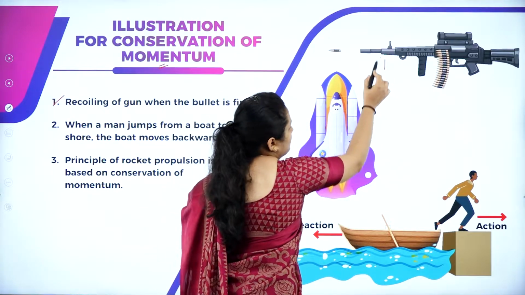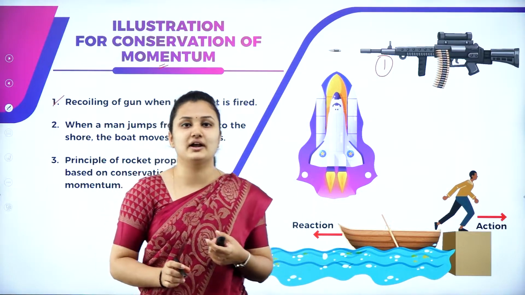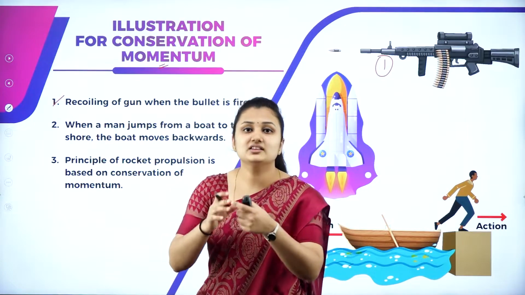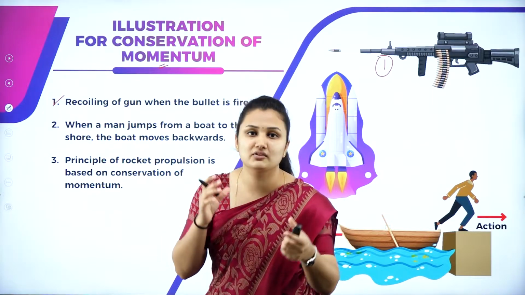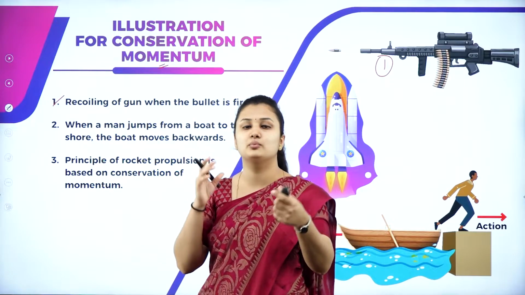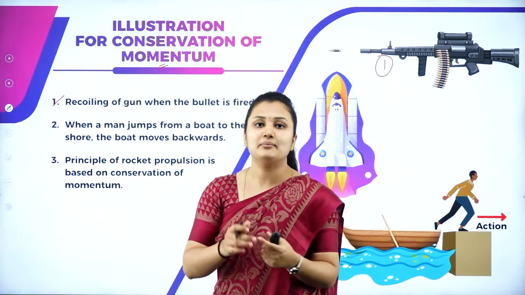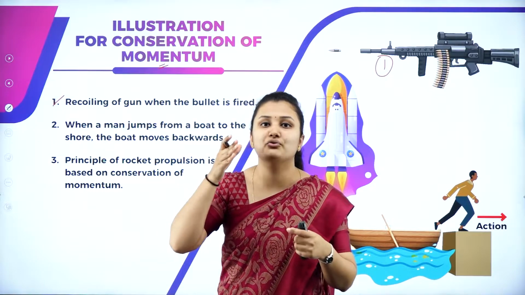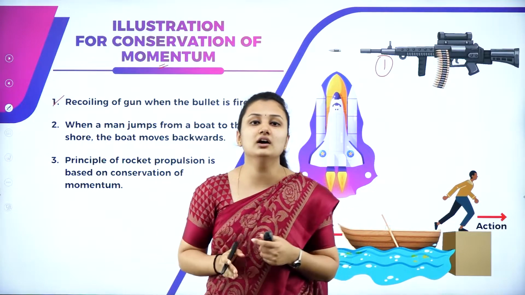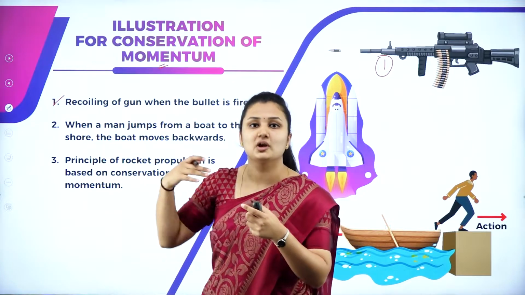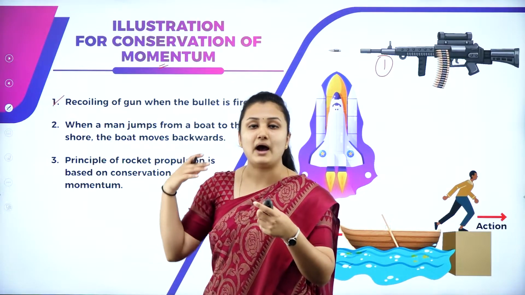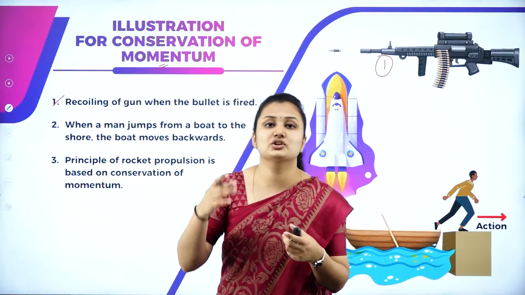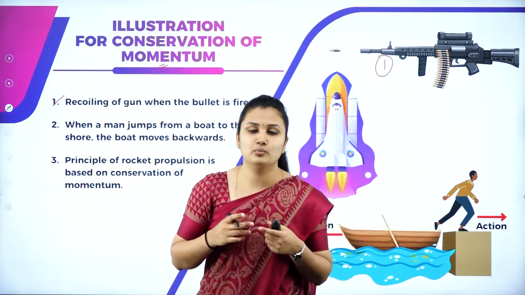You can see the first picture here when the bullet is fired. When you fire the bullet from the gun, we apply some force. The bullet comes into motion and moves in the forward direction towards the target, but the gun moves backward, in the direction opposite to the motion of the bullet.